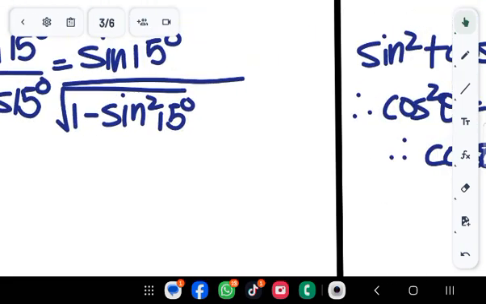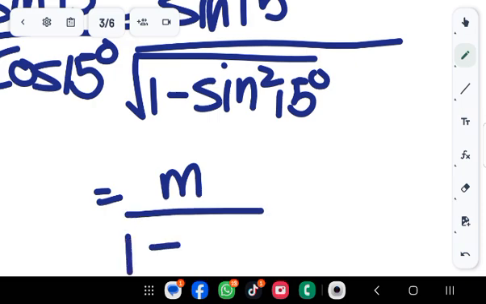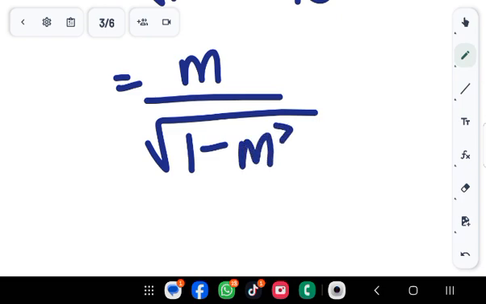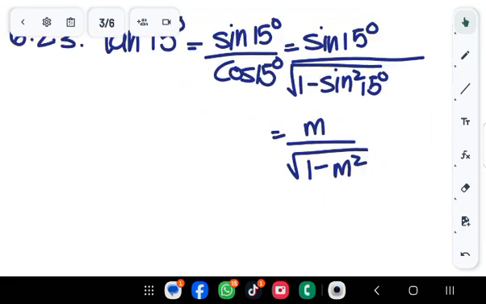Sine of 15 degrees equals m. We already calculated that. That is equal to m over the square root of 1 minus m squared. And that's how you solve this type of question.